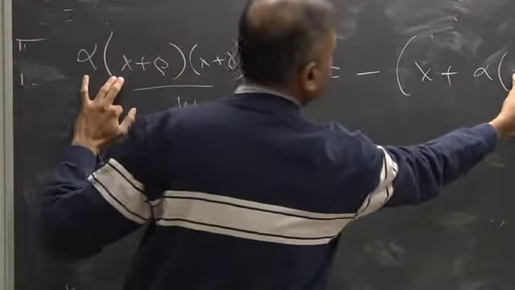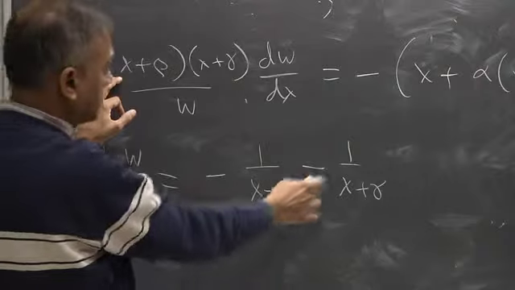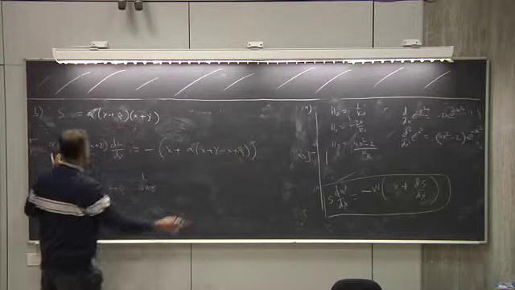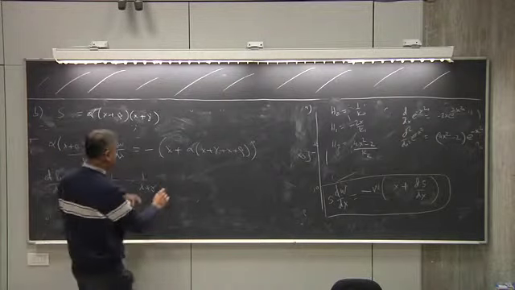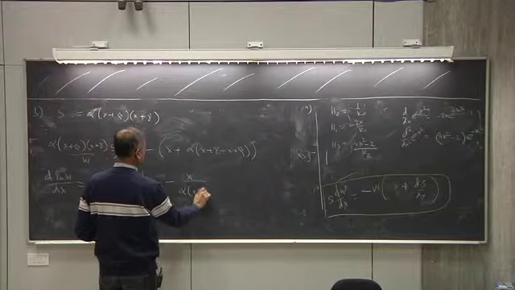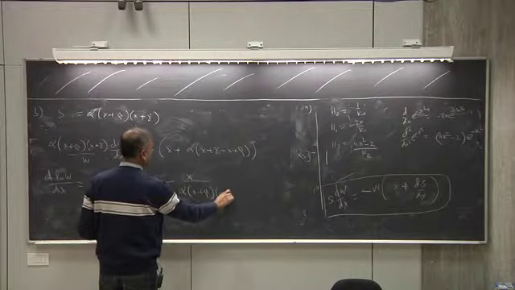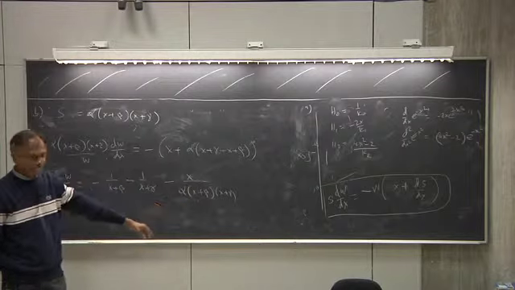When you take this part and divide by this, x plus gamma cancels, and you just get 1 over x plus beta. Whereas if you divide from this, x plus beta cancels, you get that, right? But then we have this, which we have to write again in terms of partial fractions, no?